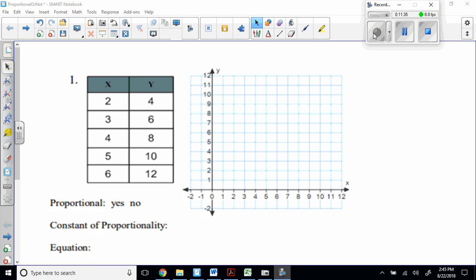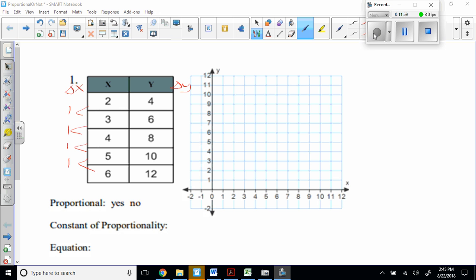First things first, you need to analyze the table, because analyzing the table will help you to understand some things. This is the x, so we're going to say change in x. This is y, so we'll say change in y. We basically need to understand how my x's are moving. So from 2 to 3, 3 to 4, 4 to 5, 5 to 6, how are they moving? 1.